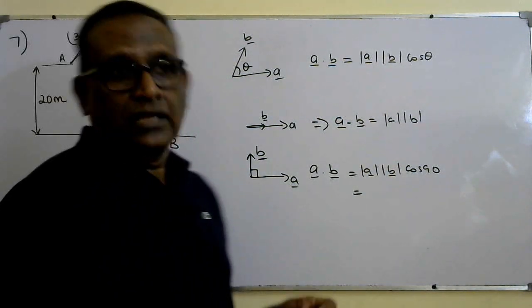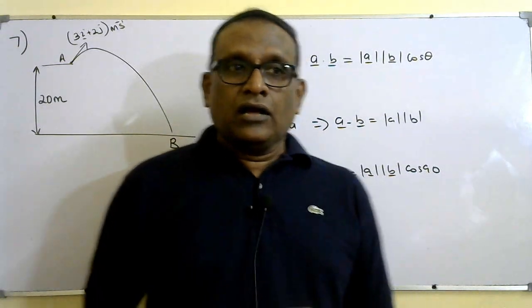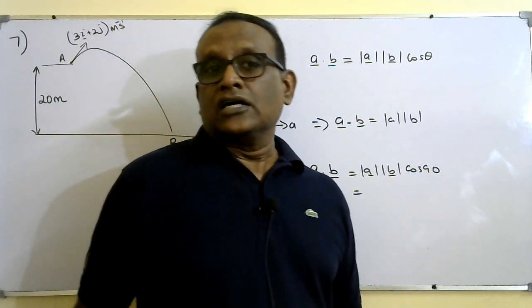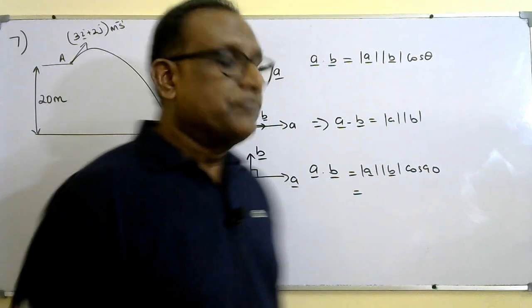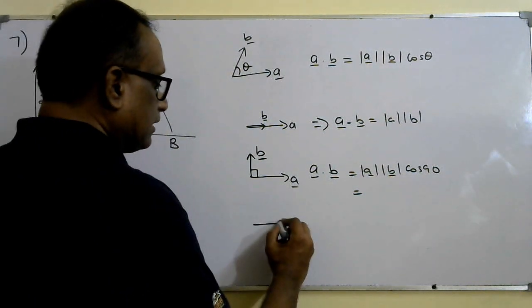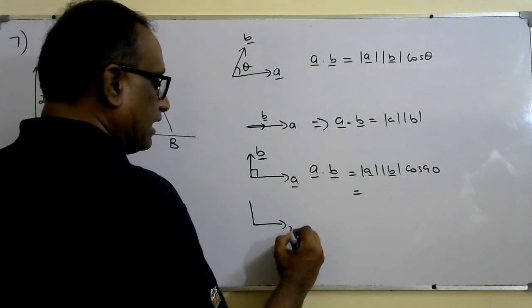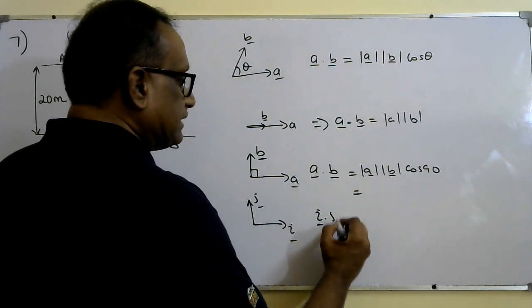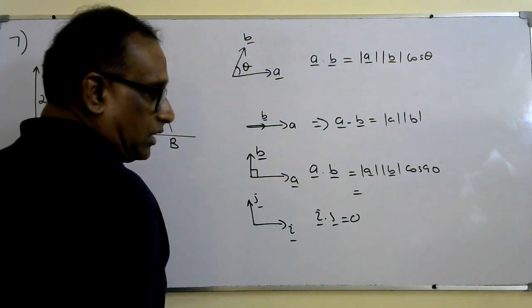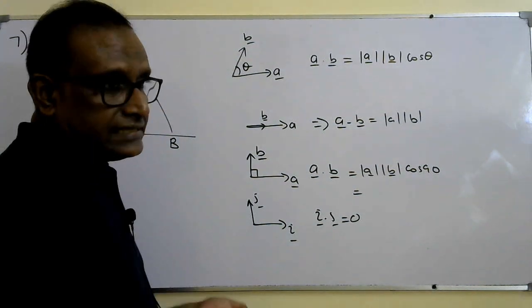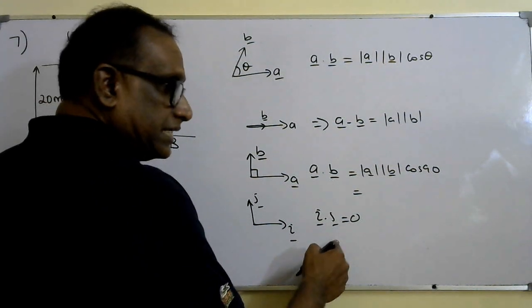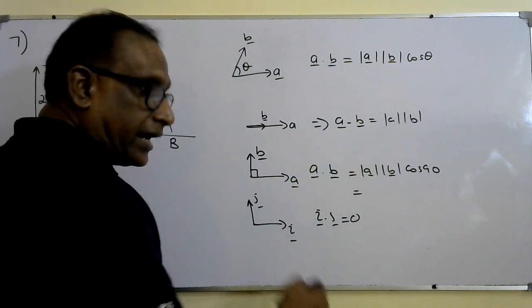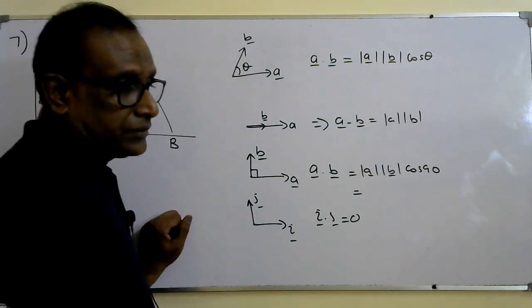Very useful in certain applications. For unit vectors i, j, k, which are perpendicular to each other, i dot j is always 0, j dot k is 0, and k dot i is 0, because they are 90 degrees apart.